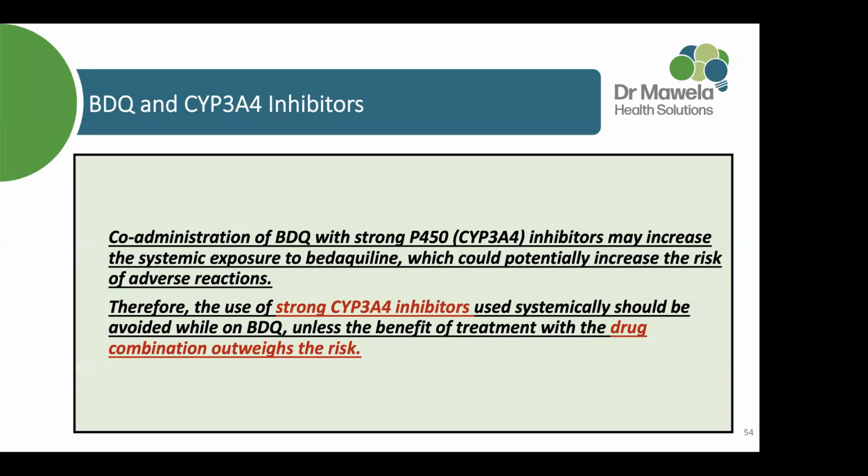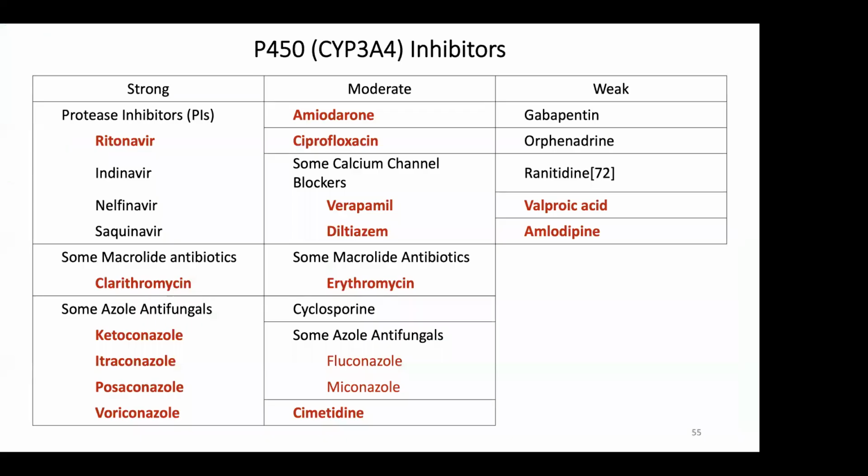Co-administration of bedaquiline with any drug that slows down its metabolism would lead to increased levels of bedaquiline, with a potentially high risk for this adverse reaction, particularly QT prolongation with heart blocks, and so on. Therefore, the use of drugs that are strong inhibitors of the liver enzymes should be avoided unless the benefit really outweighs the risk. We do find ourselves in that corner, but it is rare.